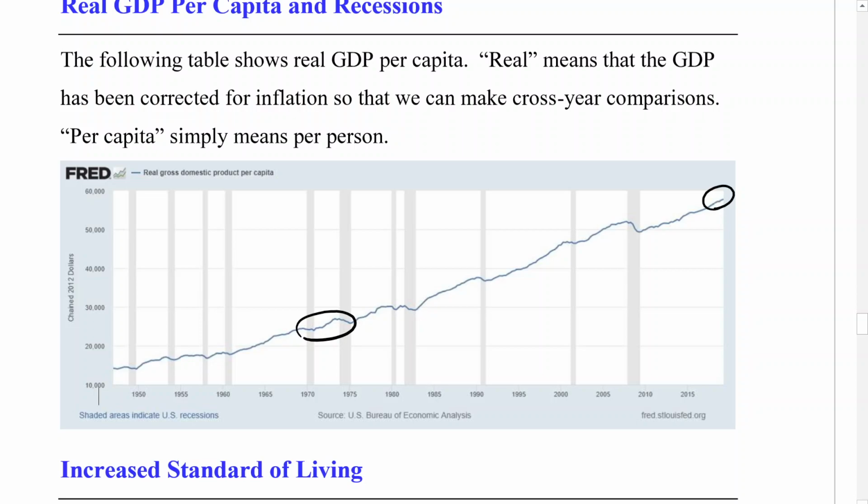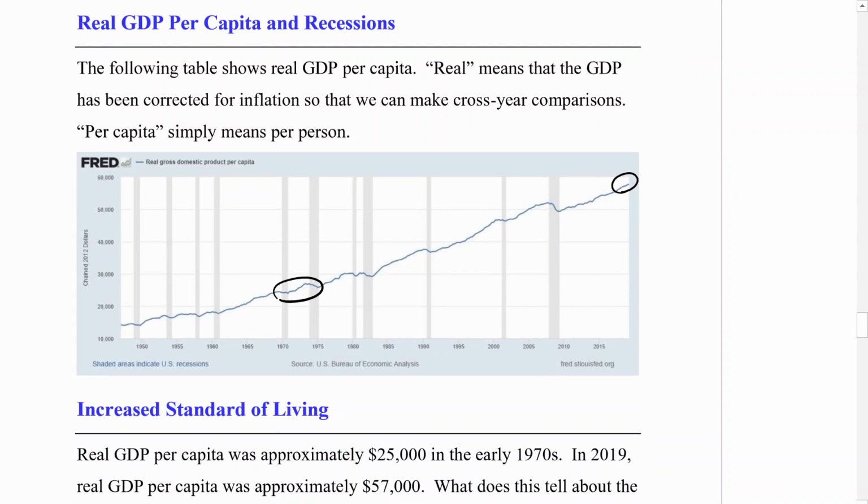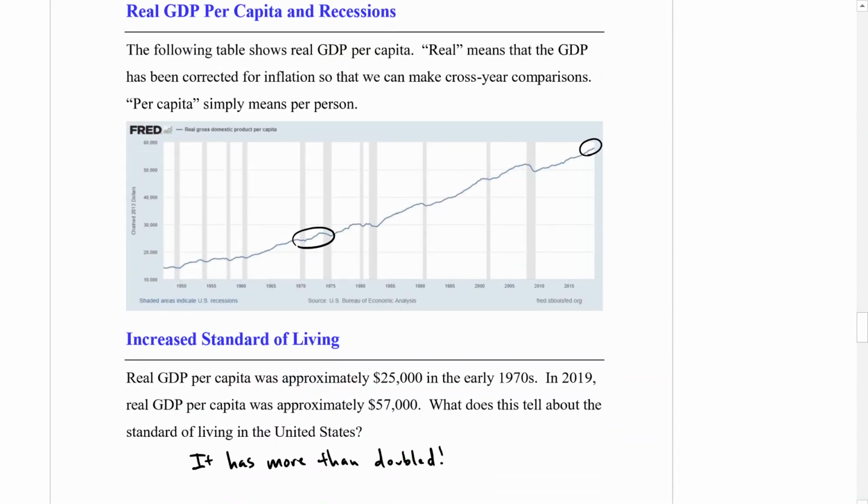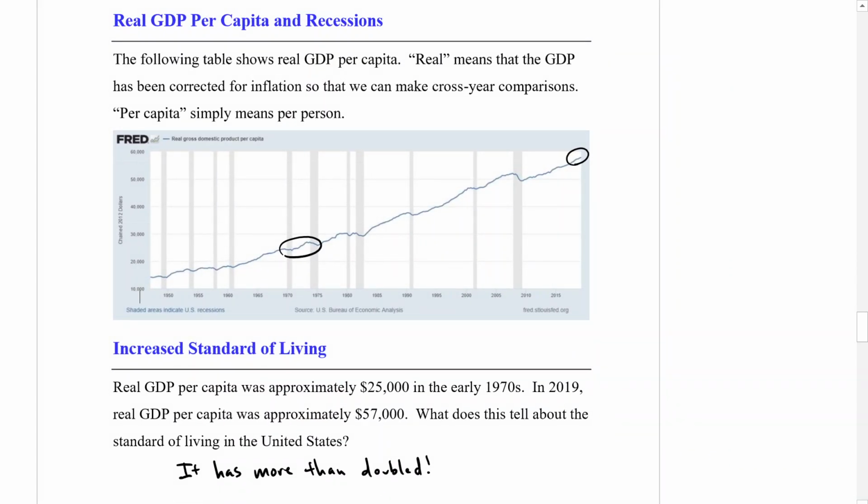It's a good proxy for increases in the standard of living, because as our incomes increase as a population, we have access to better healthcare, education, leisure, environmental quality, and so on and so forth.